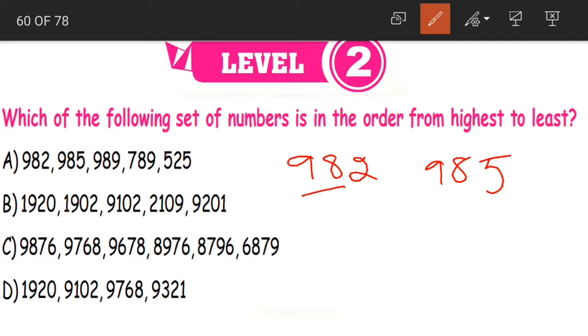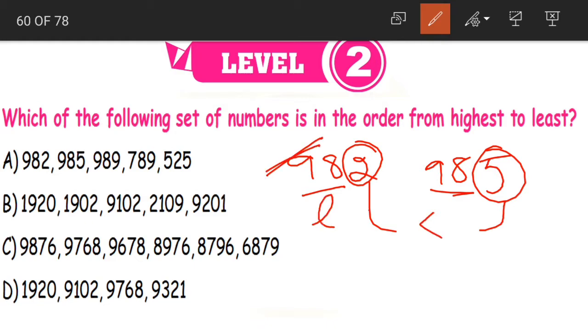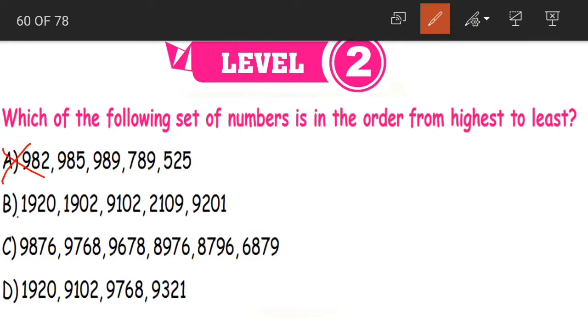See, first two digits are same. So we'll compare the third digit 2 and 5. Yes, 2 is less than 5. This is the lesser number and this is the higher number. Lesser number is written first. But what should be there? Highest should be written first. So is option A in the correct order? No. So option A is our wrong answer.